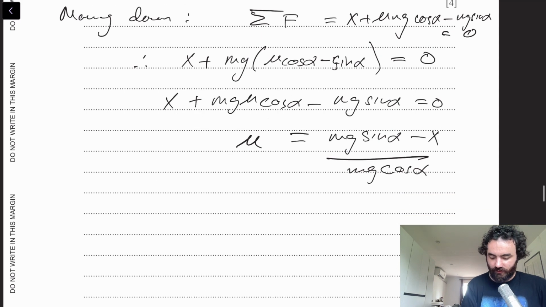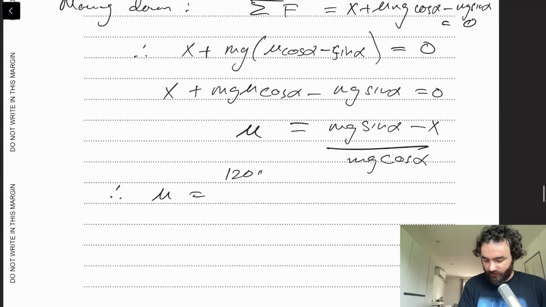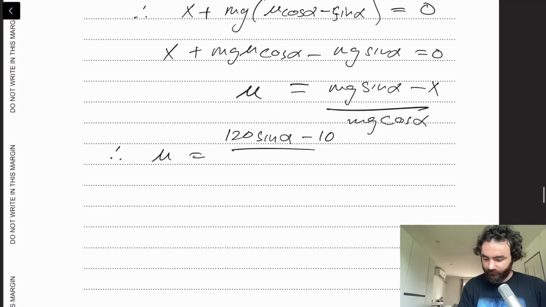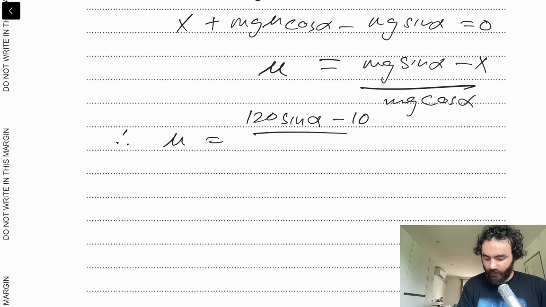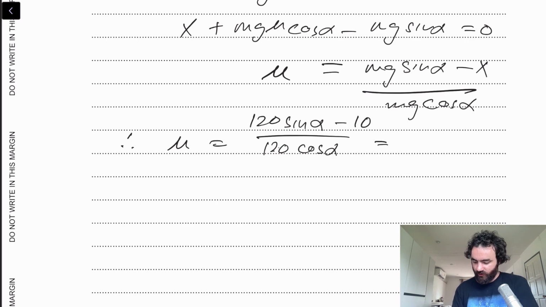Therefore mu equals, mg is just 120, this is 12 kilograms, sine of alpha, which we can plug in, minus 10 in this scenario, divided by 120 cos alpha. Okay, alpha is shift tan of 0.5.